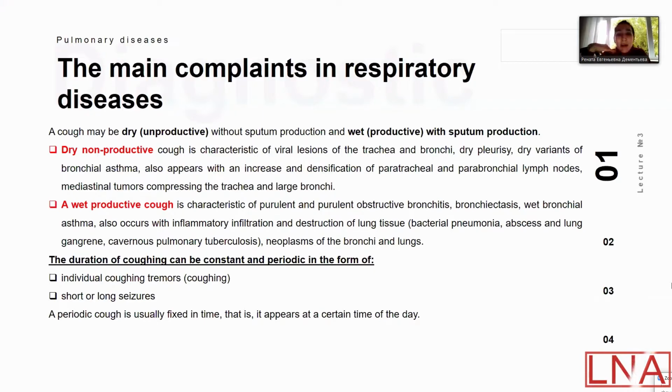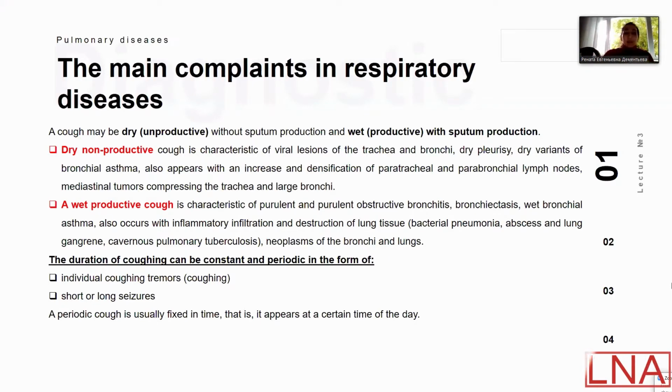So the main causes of a productive cough are purulent and purulent obstructive diseases like pneumonia: bacterial, in the first stage viral pneumonia, in the next stage joined by bacterial pneumonia, abscesses, lung gangrene, and so on.